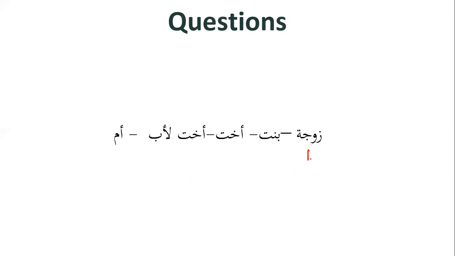In this situation, the zawja would receive 1/8, bint 1/2, ukht would become asaba, and according to condition number 6, when one ukht is present who has received the remainder of the wealth, the ukht li-abin would become mahjub, and the would receive 1/6.